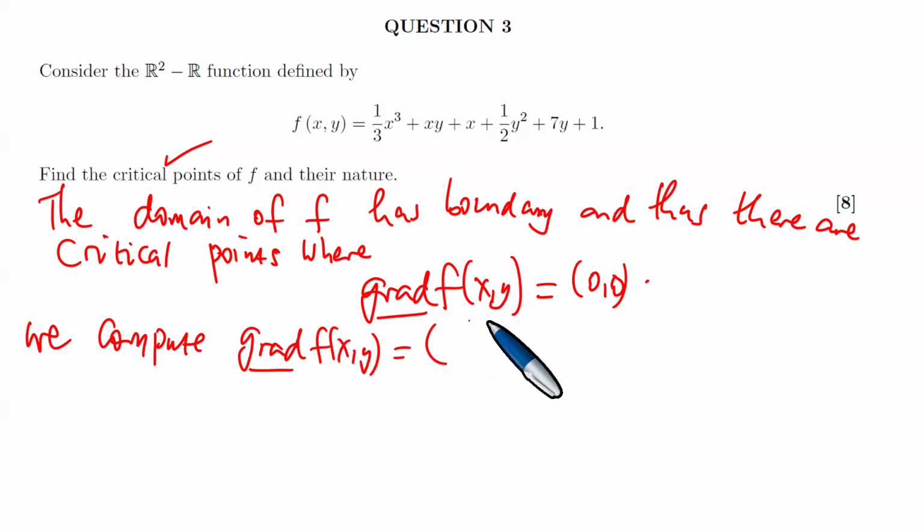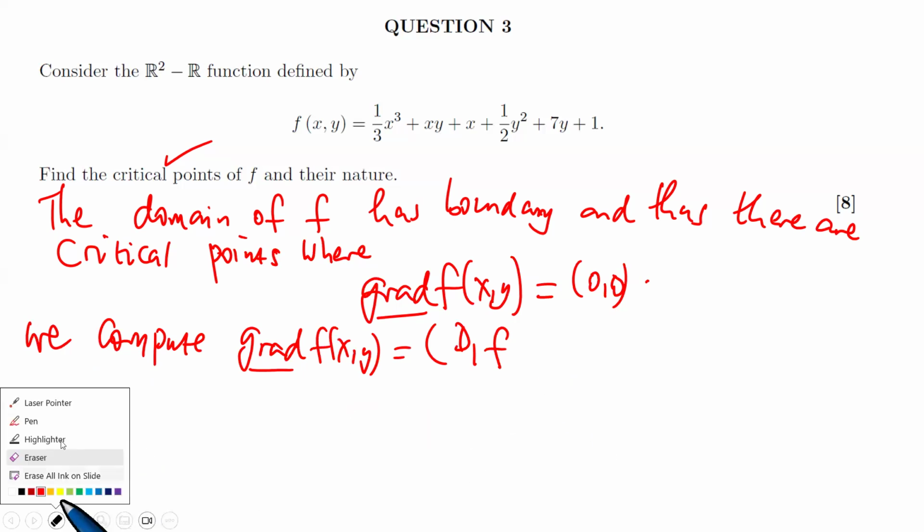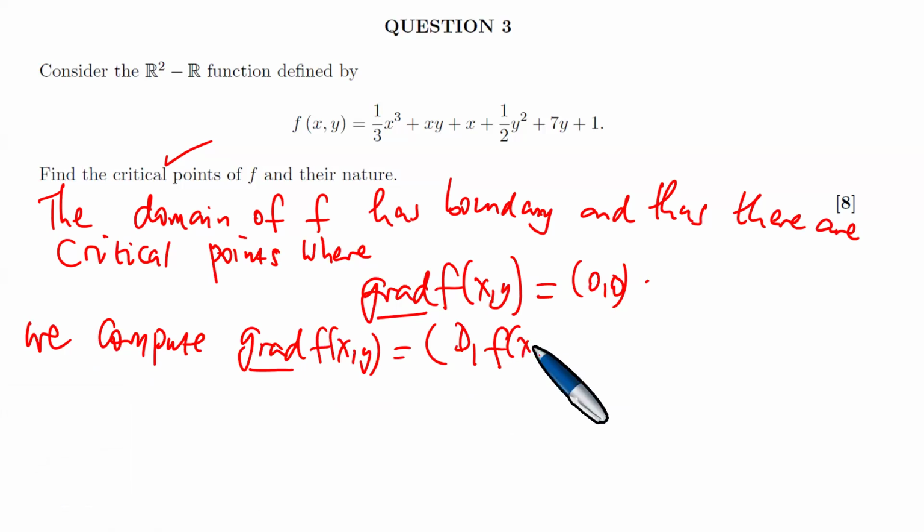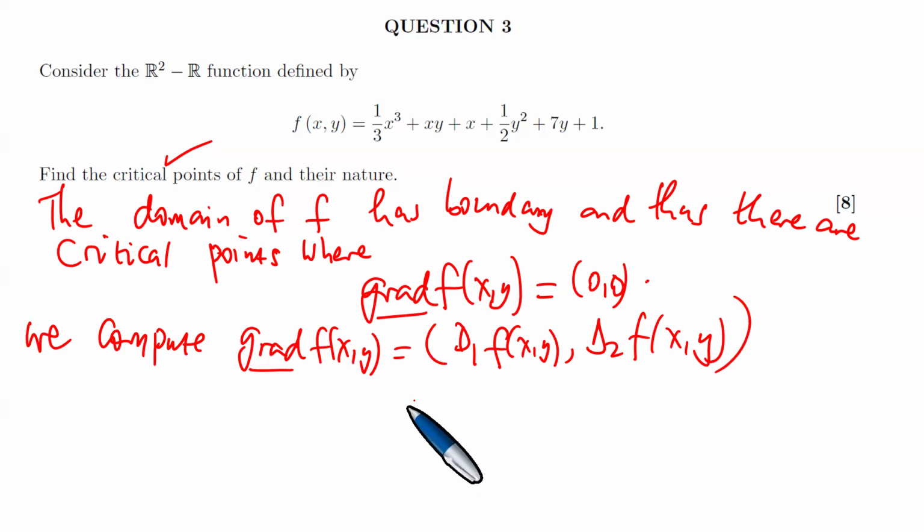In the spirit of this module, we say d1 f of x and y, d2 f of x and y. This kind of notation is also popular, but you can also write this as fx, fy.